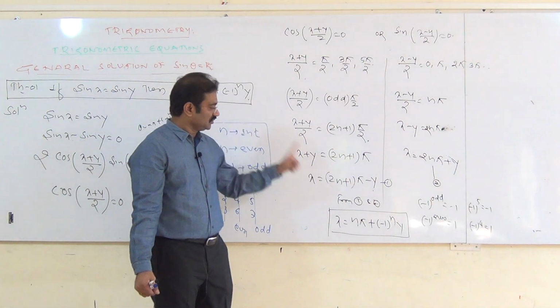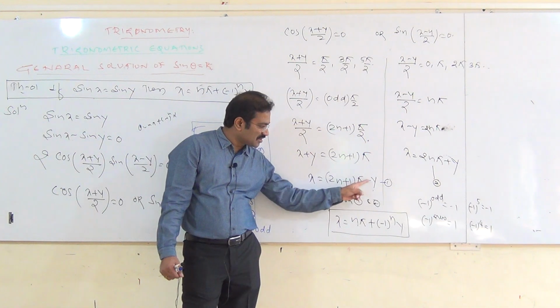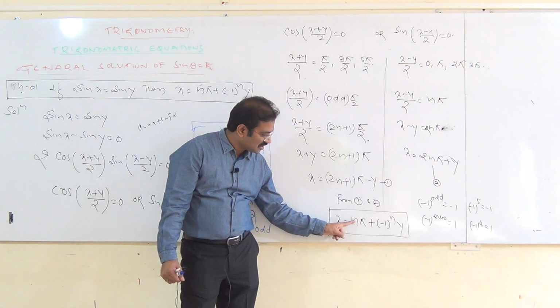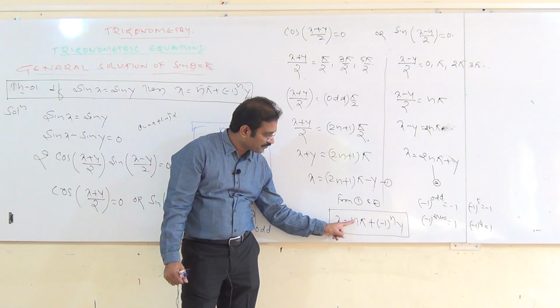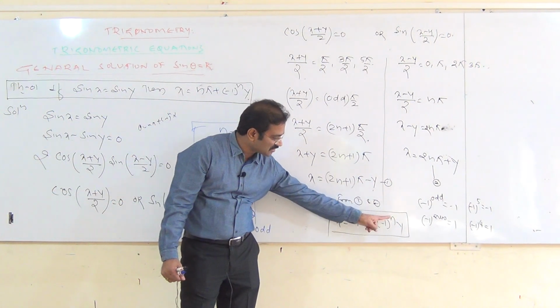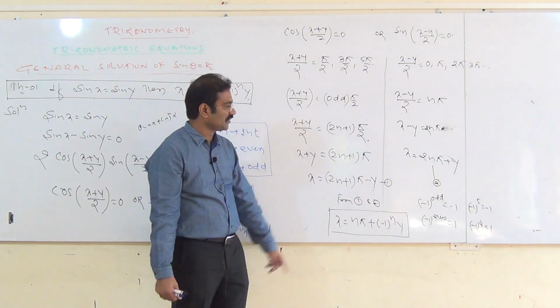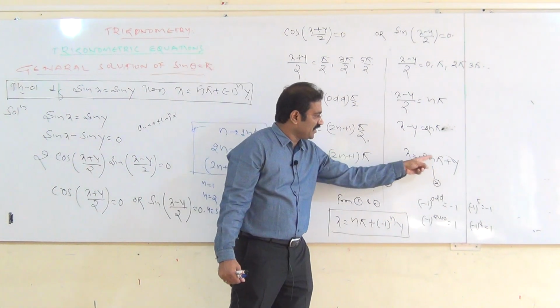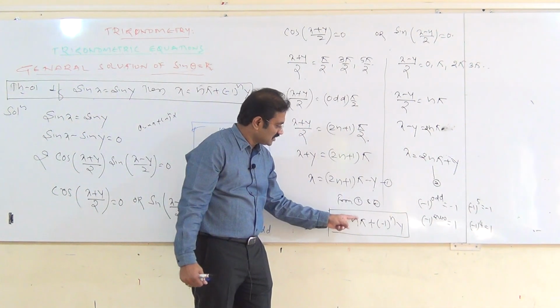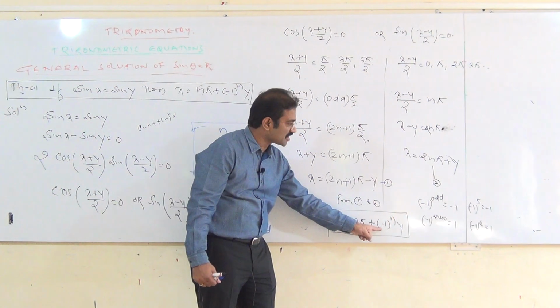Therefore, if you observe this, if n is odd, there must be a minus, automatically minus 1 raised to odd becomes minus. If n is even, there must be a plus, automatically minus 1 raised to even becomes plus.